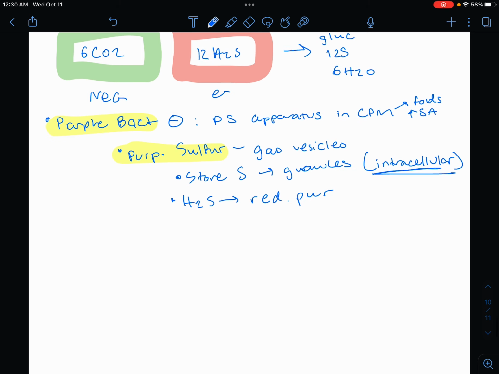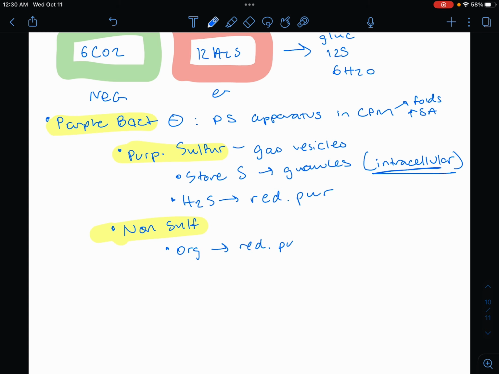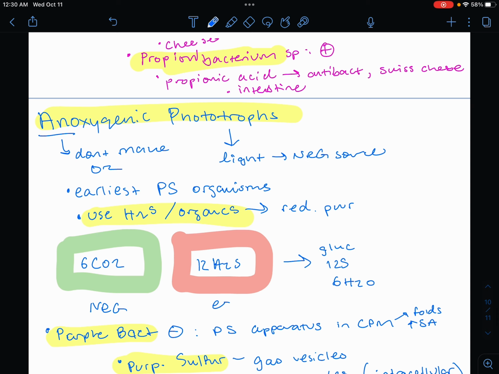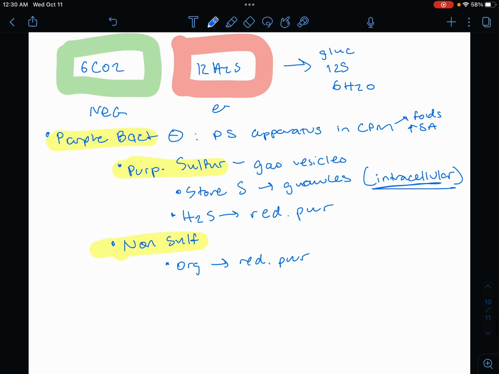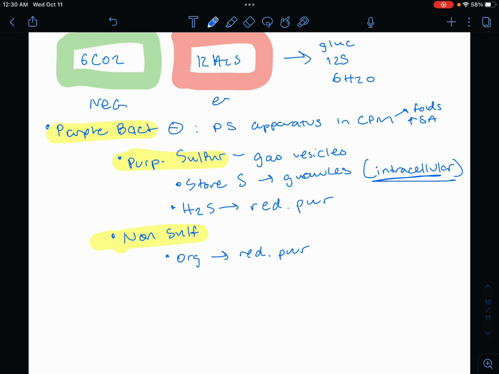Alrighty, so now non-sulfur bacteria. Purple non-sulfur bacteria will again live in moist soils, bogs, and paddy fields. They're going to use organic molecules as the reducing power. Remember, it's set up here. Anoxygenic phototrophs will either use hydrogen sulfide or organics as the reducing power, while non-sulfur purple bacteria will be using organics as the source of electrons.